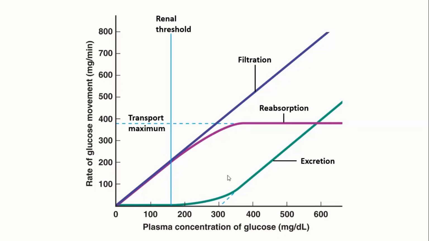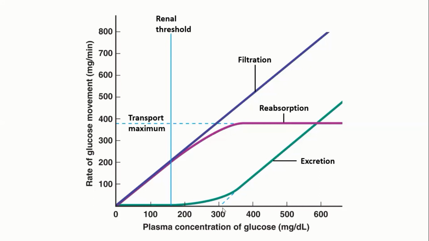But at a certain point, when we start to hit our renal threshold, when those carrier proteins are full up, we're going to start to see some of that glucose staying in the filtrate. Now, we don't want that to happen, but it's what happens just because of how many of those proteins we have in the basolateral membrane. So that's the point at which we're going to see glucose being excreted in the urine.